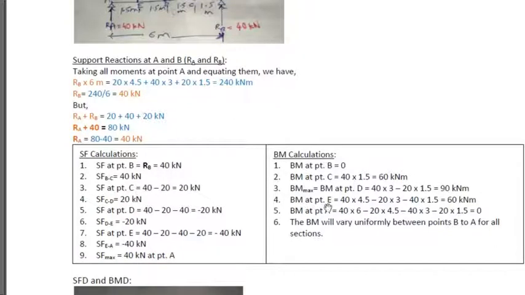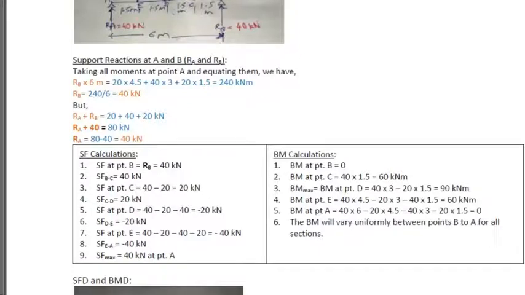Then BM at point E. Sorry, first for the section CD, this BM again is going to vary between 60 kilonewton meter at point C to 90 kilonewton meter at point D, in a uniform manner or in a straight line. Then BM at point E is because of this 40 and because of the 20 and 40 kilonewton loads.